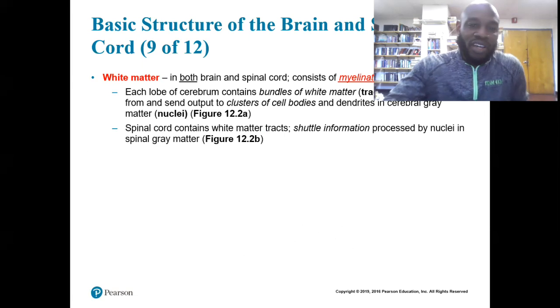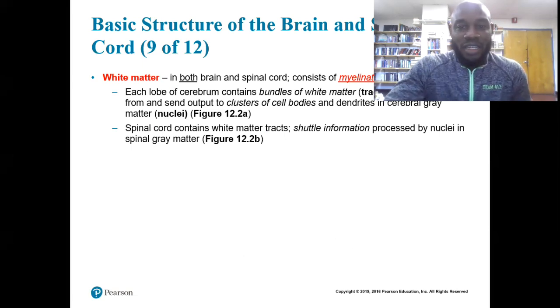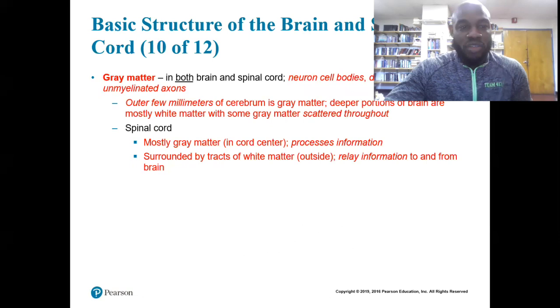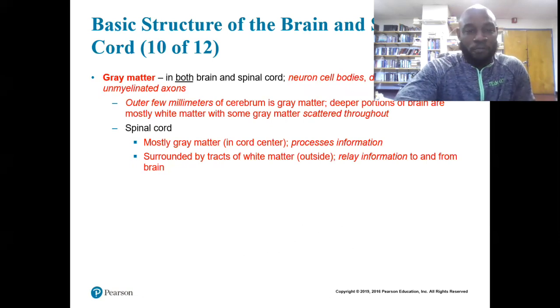So they both have white matter, which are myelinated axons. Remember, cell bodies are not myelinated, dendrites are not myelinated, and there are some axons that are not myelinated. That would be considered gray matter, both in the brain and spinal cord: neuron cell bodies, dendrites, and unmyelinated axons.